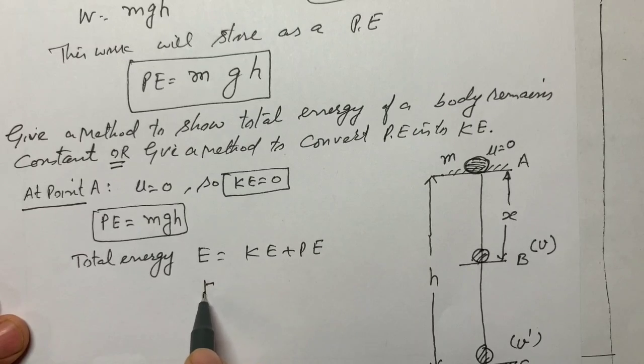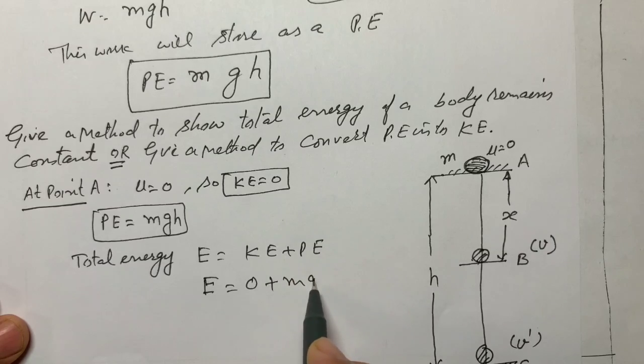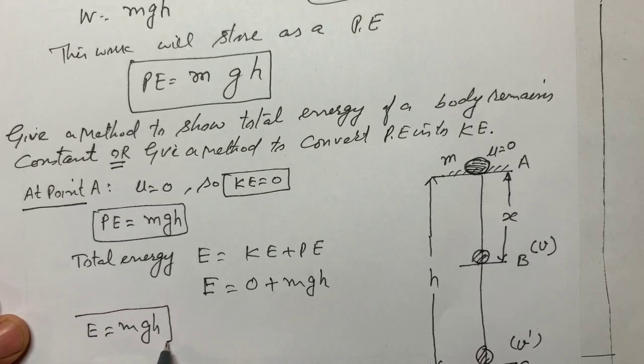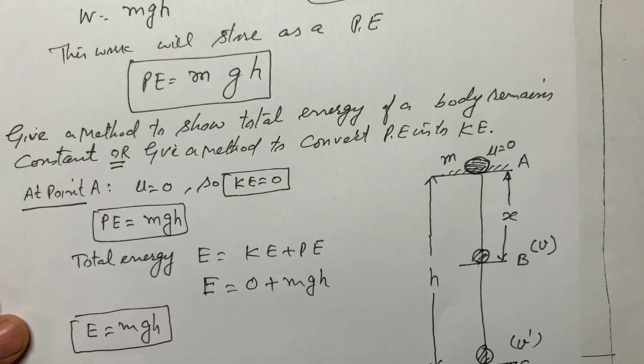So E is equal to kinetic 0, potential due to height, that is mgh. So the answer is m into g into h. Means at point A, total energy is equal to mgh.